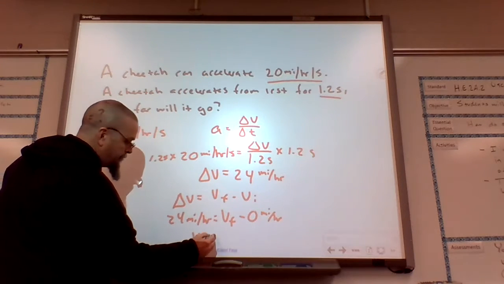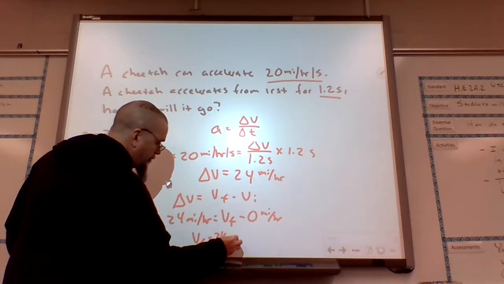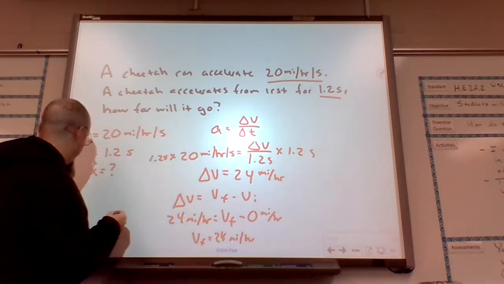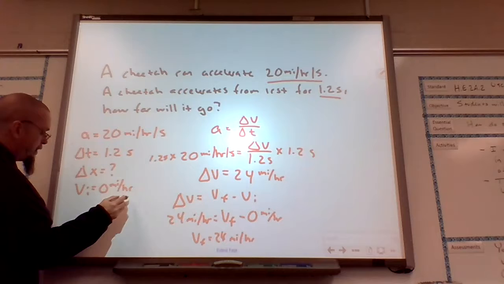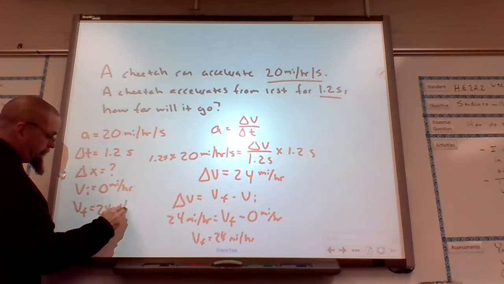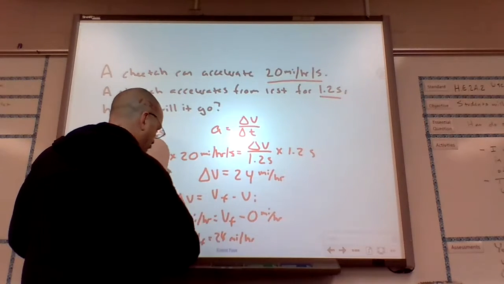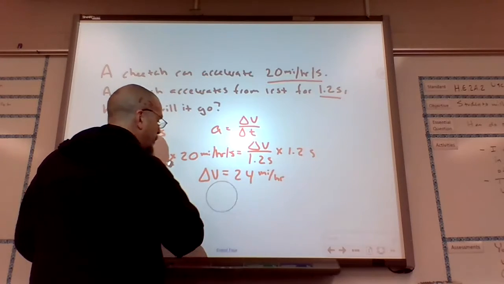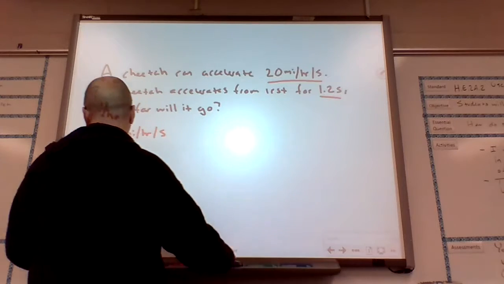Vf is 24. So I can add those two pieces of information to my list. Again, using an equation from a previous unit to get what we need to plug into our new equation. Not uncommon in physics, happens all the time.